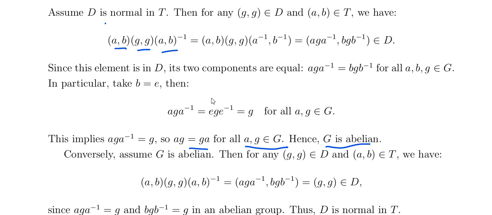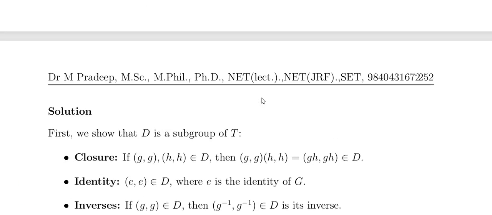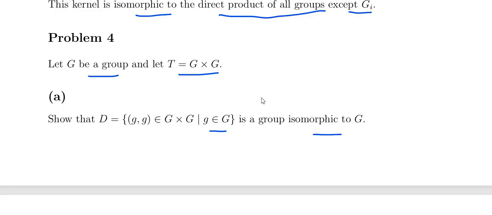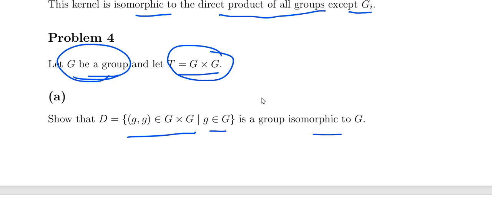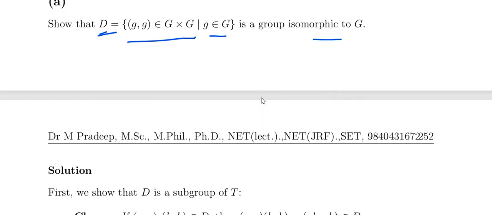So when you define the D like that, D equals the collection of (g, g), g belongs to G, in T. T is G cross G, the Cartesian product of G with G. The collection of (g, g) is called D. For the elements of G, D is a group that is isomorphic to G. And then this is a normal subgroup if and only if G is abelian.